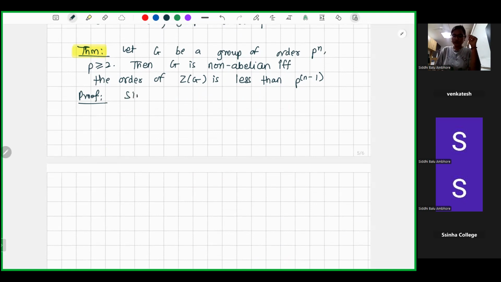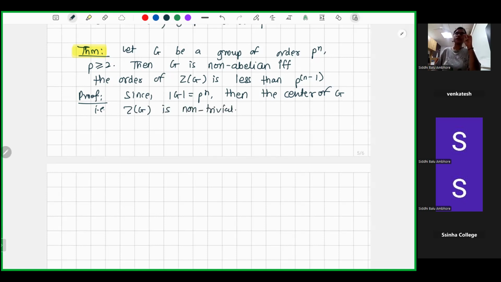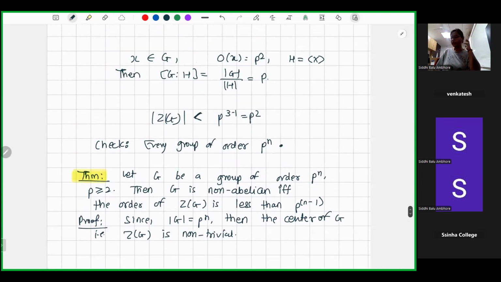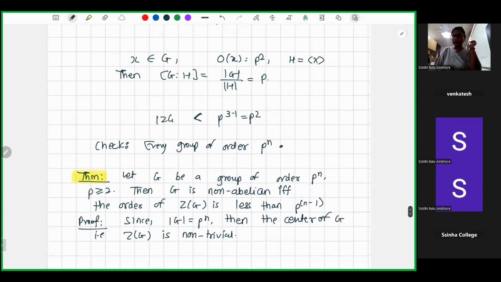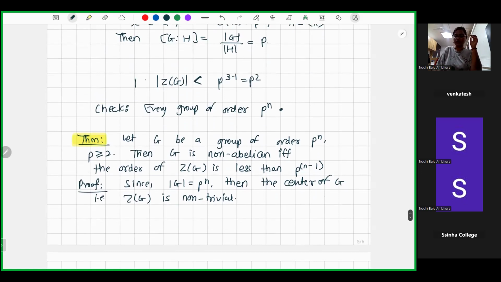So since the order of G is p power n, then the center of G, that is Z(G), is non-trivial. As I've been saying again, since G is of order p power n, the center Z(G) will be non-trivial.